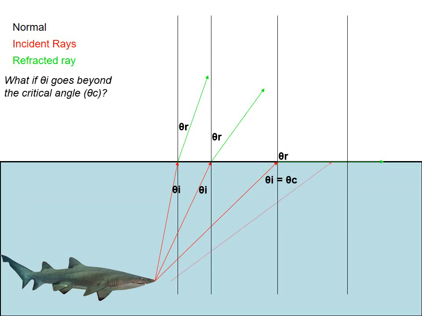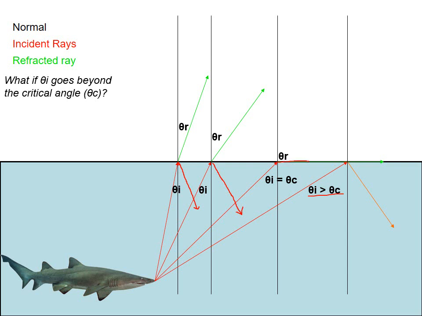So now if I go beyond the critical angle, I will no longer have refraction. This green here was from the previous one. I no longer have refraction. It's all total internal reflection happening now. So this is beyond the critical angle. I always had some partial reflection happening, but along with that partial reflection, there was some refraction.